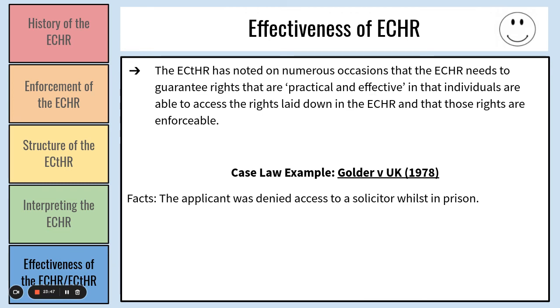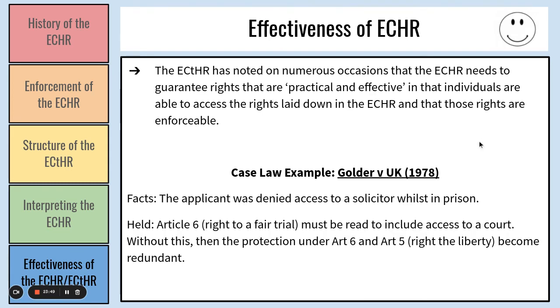In this case, it was held that Article 6, the right to a fair trial, must also be read to include access to a court or access to legal advice. Without this, the protection under Article 6 and then Article 5, the right to liberty, become redundant. There's no point having the right to a fair trial if you don't have access to a solicitor or legal advice.